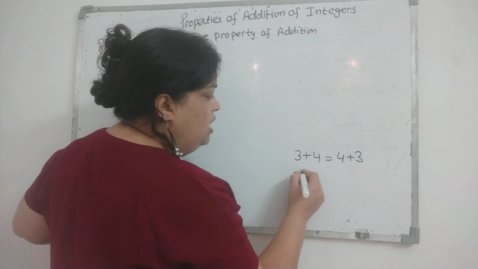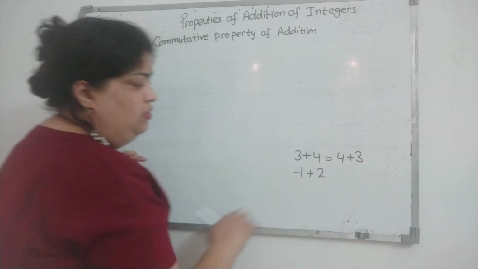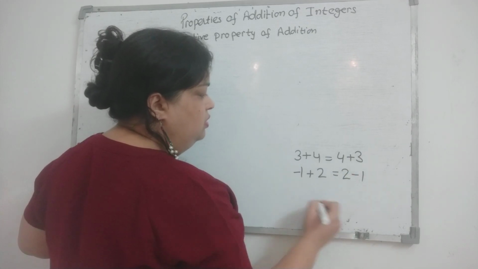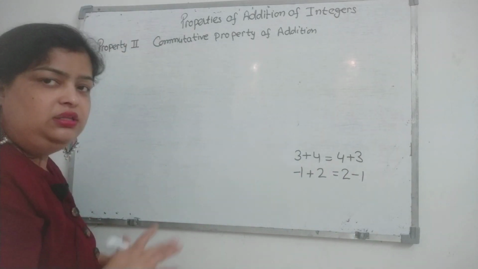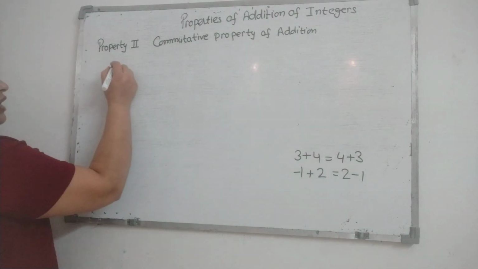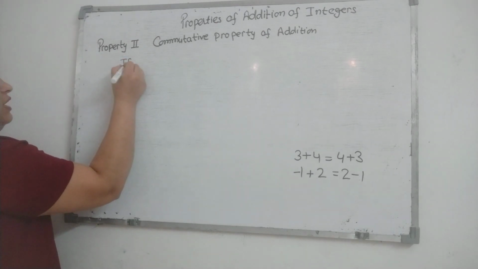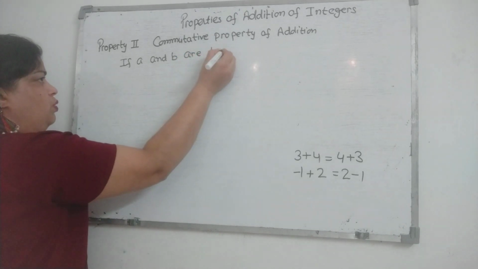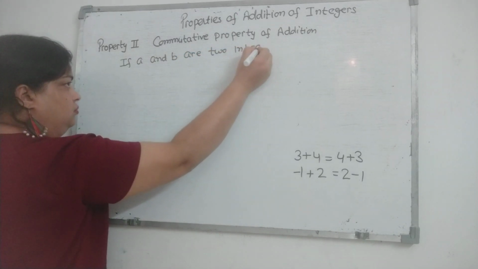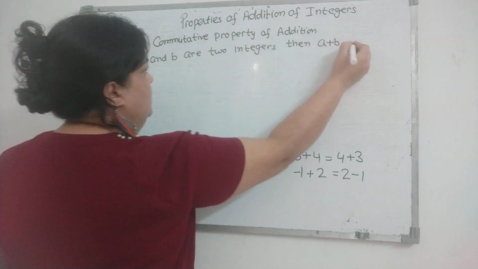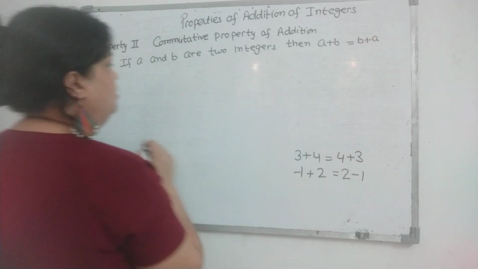Here I'm taking one negative integer and one positive. -1 plus 2. If I change the order of these two numbers, is the answer the same or not? This is again the same. The commutative property of addition says if a and b are two integers, then a plus b is equal to b plus a.